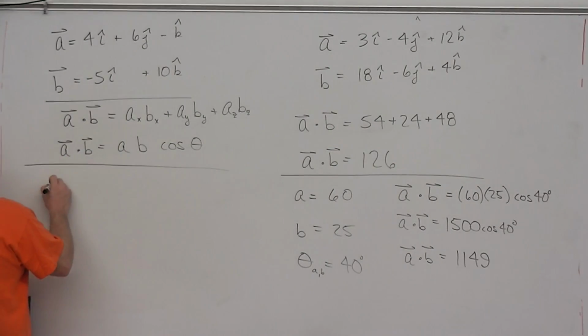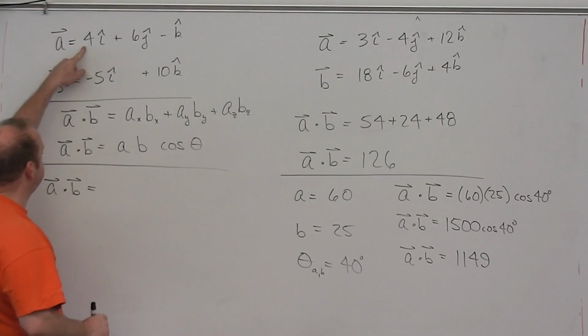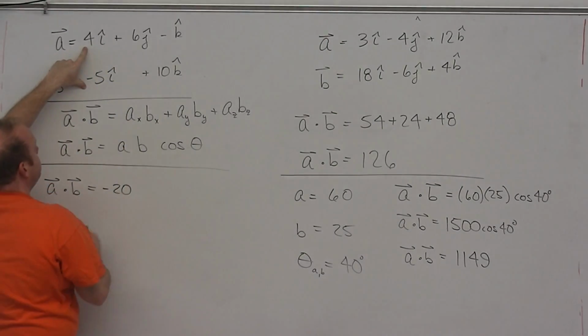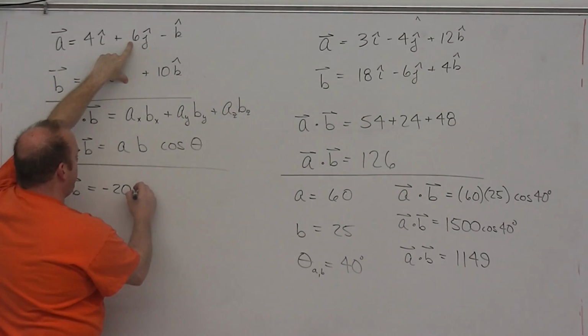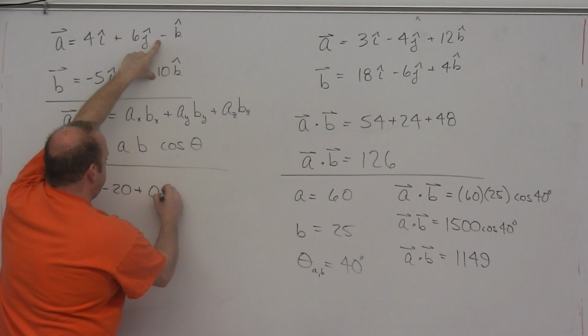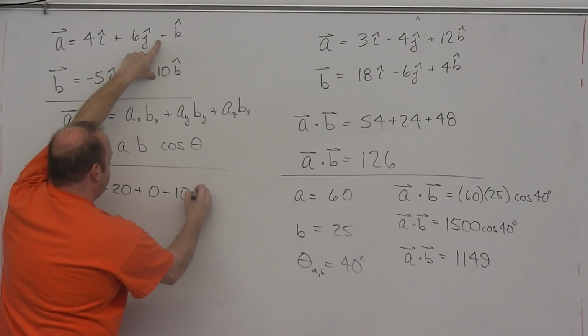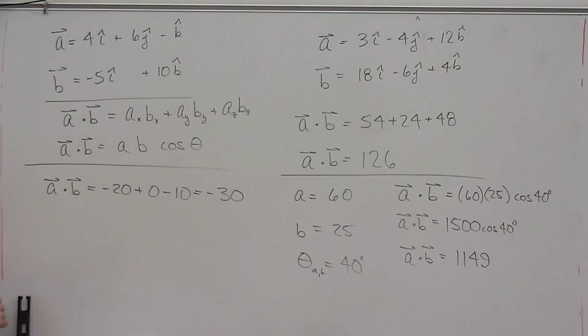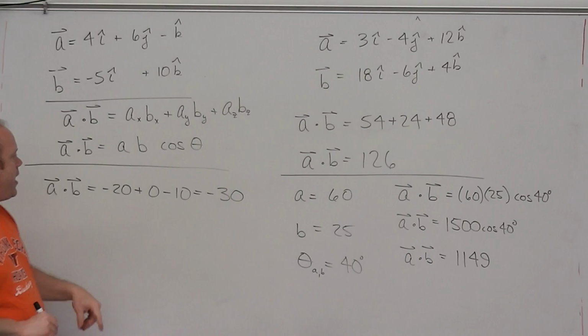A dot B, using IJK, is equal to 4 times negative 5, so it's negative 20, plus 6 times 0, plus negative 1 times 10, I get minus 10. So A dot B is equal to negative 30. But it's also equal to A, B, cosine theta.